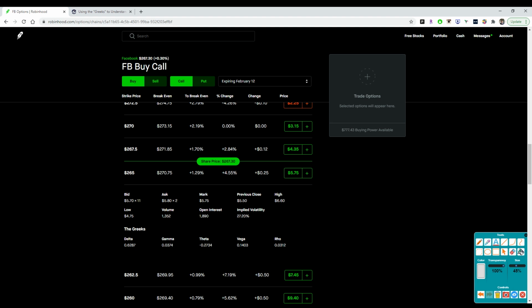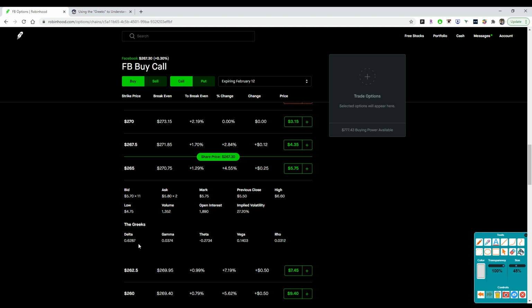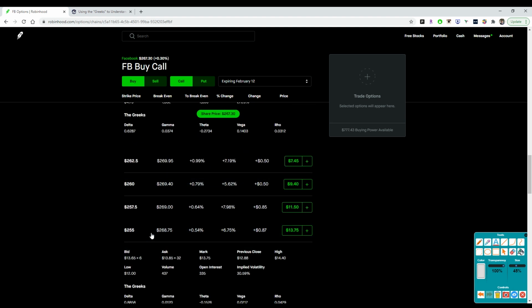On the inverse, the delta for a far out of the money option could be a lot lower than something that's in the money. This 265 is in the money, and the delta is about 0.62. If you look at something like 255, the delta is almost 0.89.